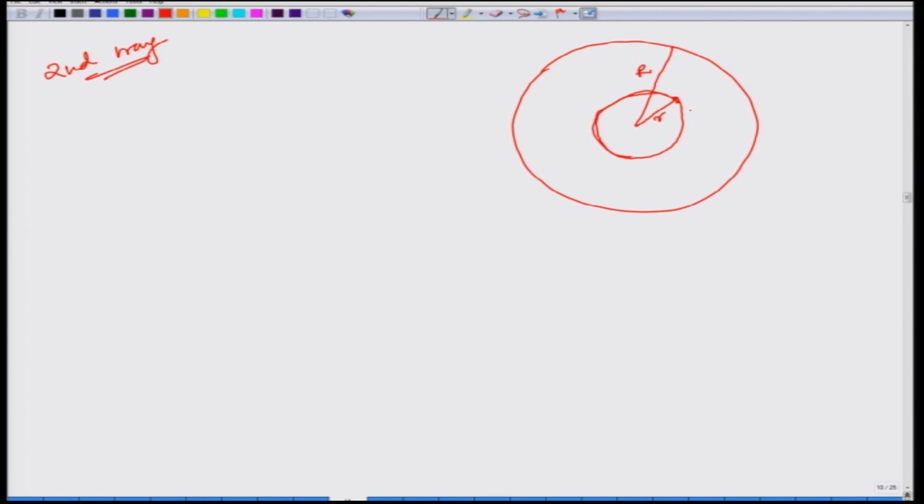For the inner sphere, V in is given by 1 by 4 pi epsilon naught q enclosed by r.